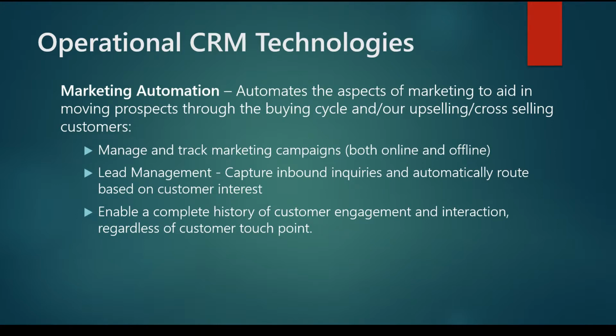There's marketing automation, which is about automating the aspects of marketing to aid moving the prospects through the buying cycle and/or upselling and cross-selling existing customers based on information you gather about them. So here we have the idea of managing and tracking marketing campaigns, both online and offline, lead management, capturing inbound inquiries and automatically routing them based on the customer interest, and enabling a complete picture of customer engagement and interaction regardless of what the touch point is.